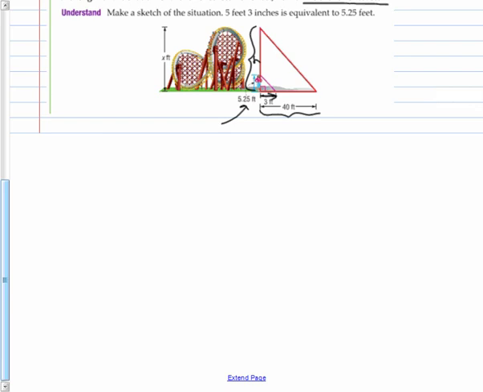Does she have two similar triangles when she makes the triangle here for her, and then there's a big triangle for the roller coaster? Why are those two triangles similar? Now, how do we know we have parallel lines?